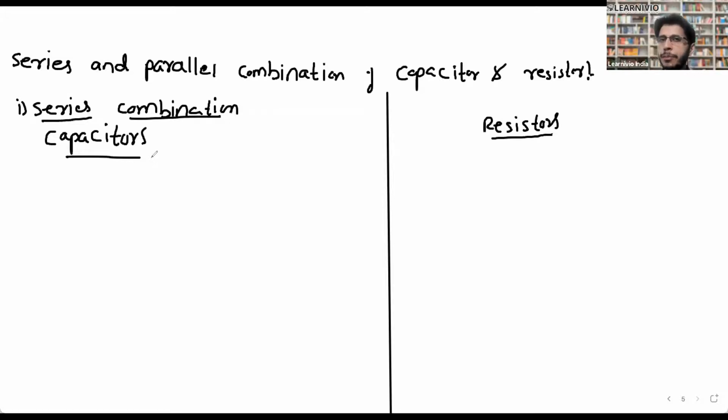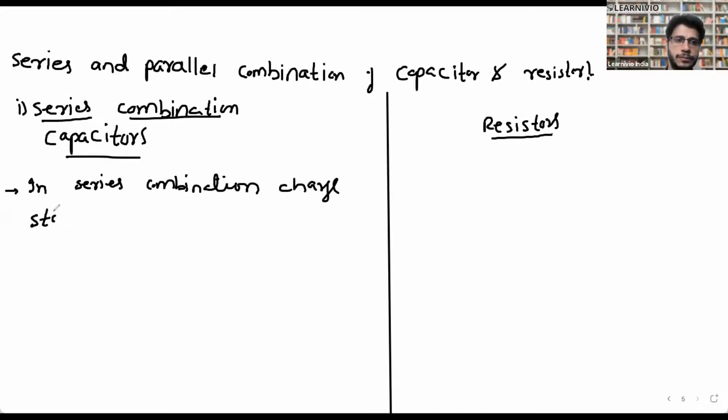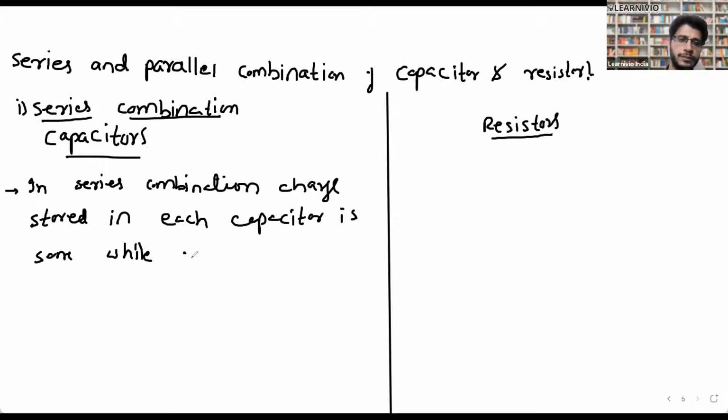Charge stored in each capacitor is same. So in series combination, charge stored in each capacitor is same while voltage divides.